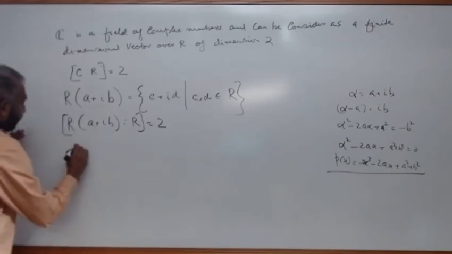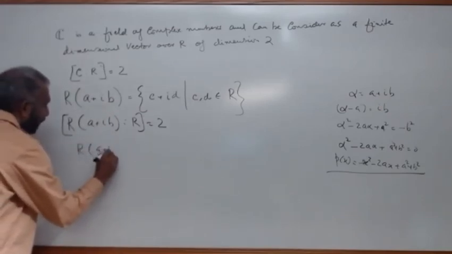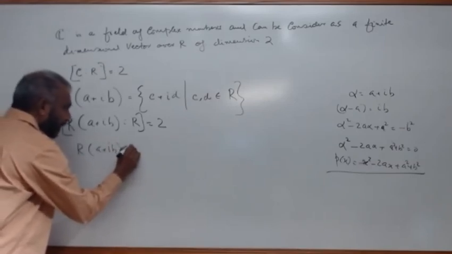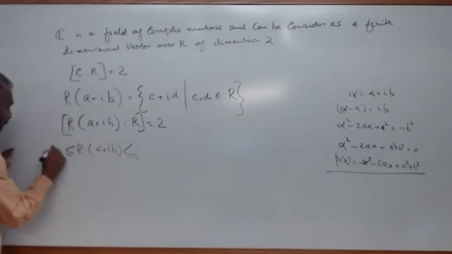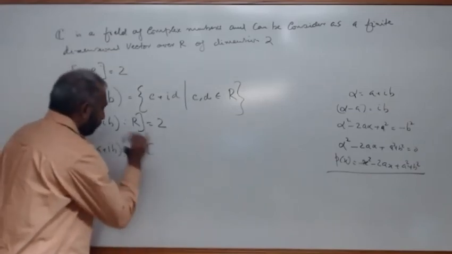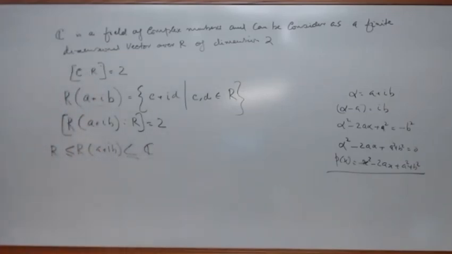But again, R(a plus ib) is definitely an extension of R and is a subfield of C. What does this mean?